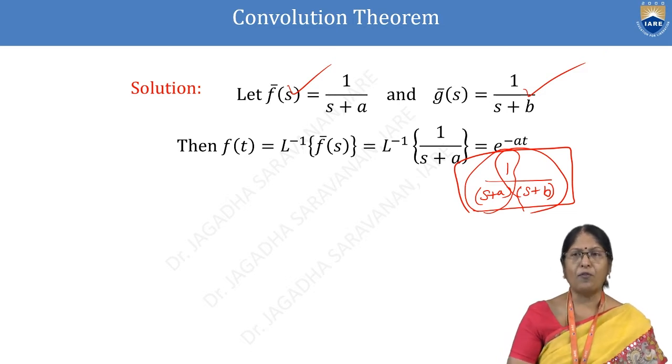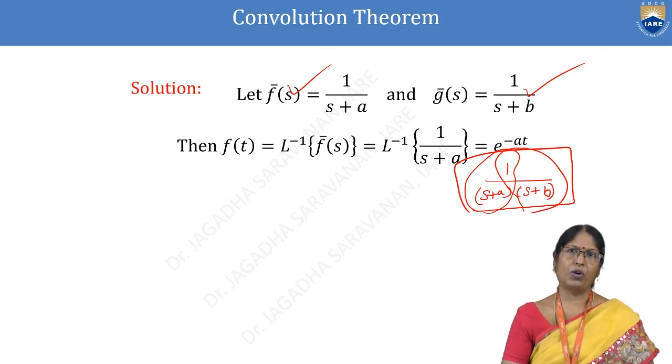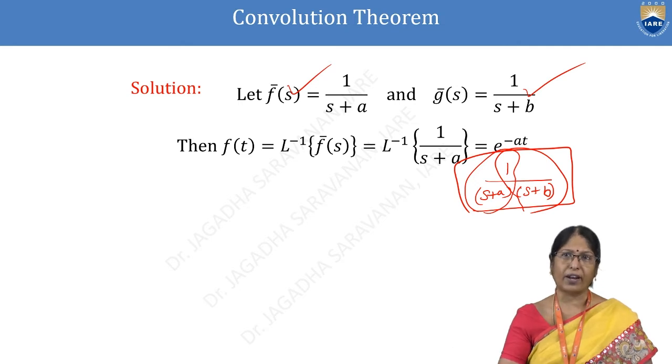Why do we have to do these steps? Because we have to apply the convolution theorem formula. On the left side of the formula is the product of f of t and g of t. So to apply that theorem, f of t into g of t is a must. We want f of t.